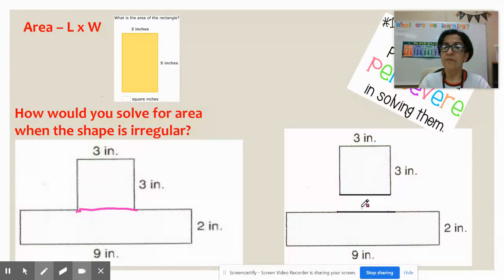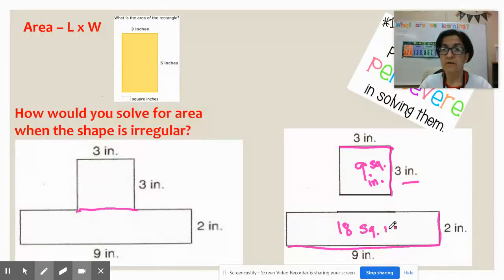So then I have them here. Now I can figure out the area of this shape, which is length times width. So 3 times 3 equals 9. In this case, it's square inches. It's inches here, but don't forget the square. And this one is, if I go with the length times the width, 9 times 2 equals 18 square inches.